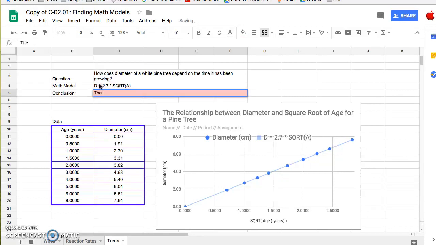And I would say the diameter of the tree is proportional to the square root of the age. So because we had to graph the square root of the age to get our line straight, we say the diameter is proportional to the square root of the age. So there we go. We are all finished that lab.